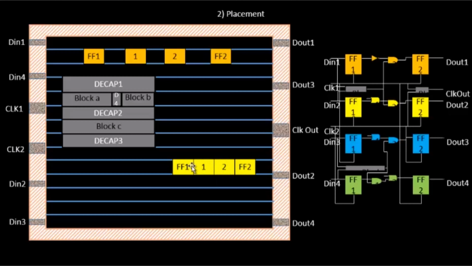So now if you see, the delay between flip-flop 1 and 1 will be very minimal. The delay between 1 and 2 will be minimal. Similarly, between 2 and FF2 it will be very minimal. Okay, so we have done this for some reasons, and we'll be coming to those reasons in some time from now.